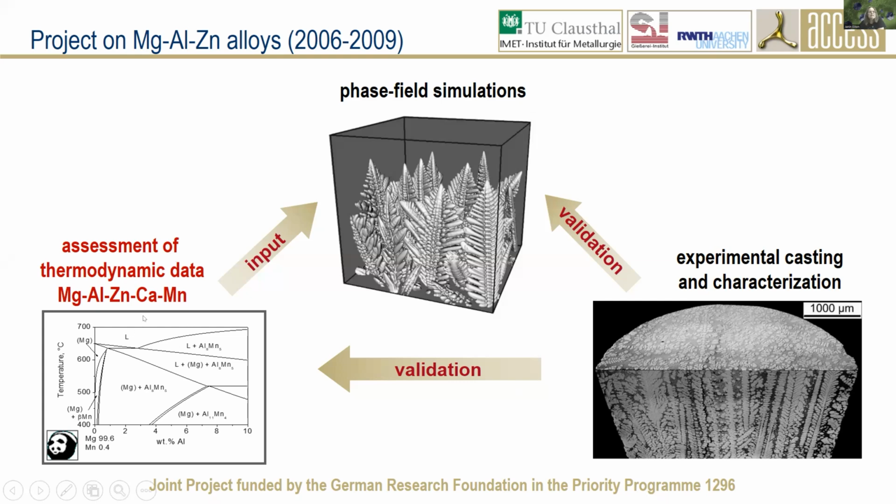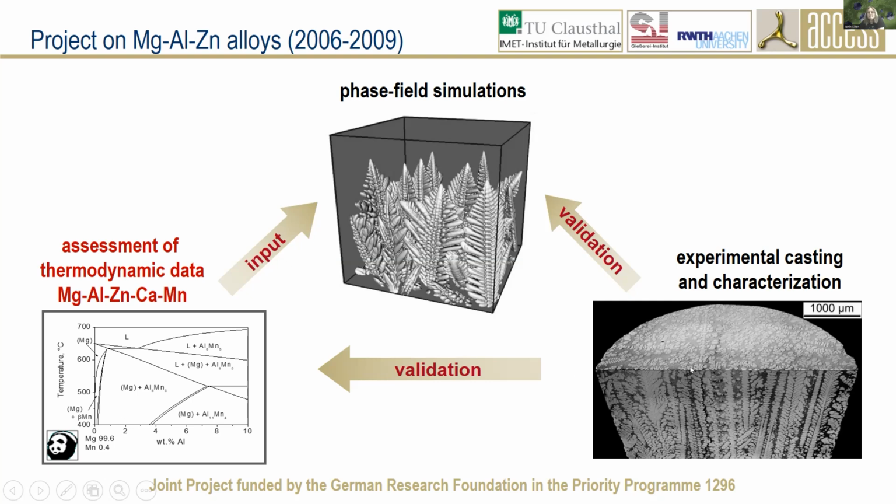In this case I think zinc or calcium were still missing in the database. So the group of Schmidt-Fetzer at Clausthal did the thermodynamic data assessment, and we could then use this database as input for our simulation.